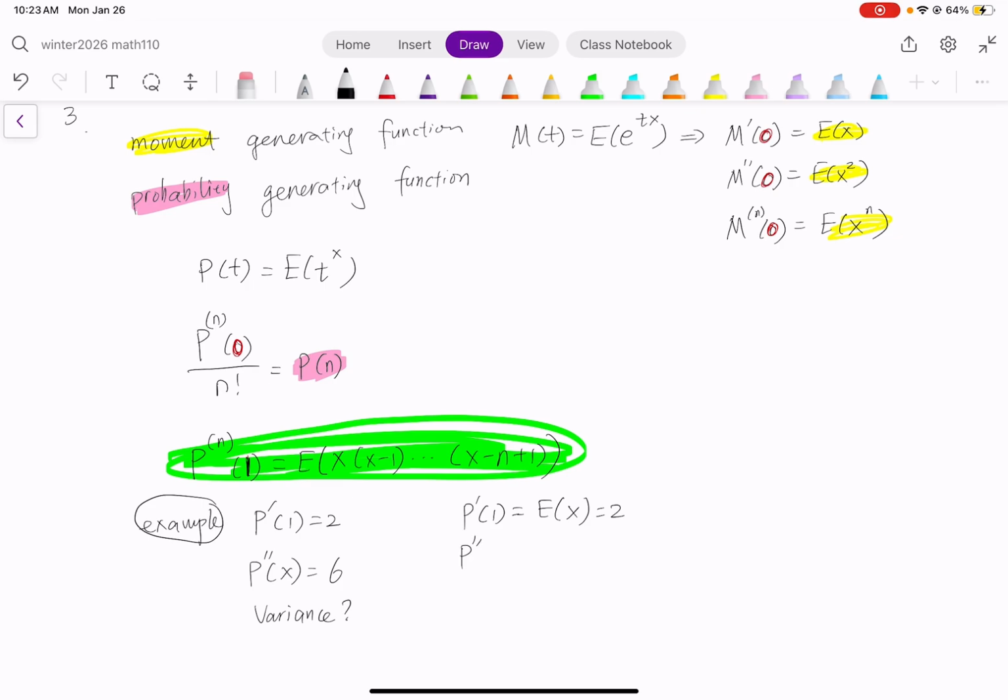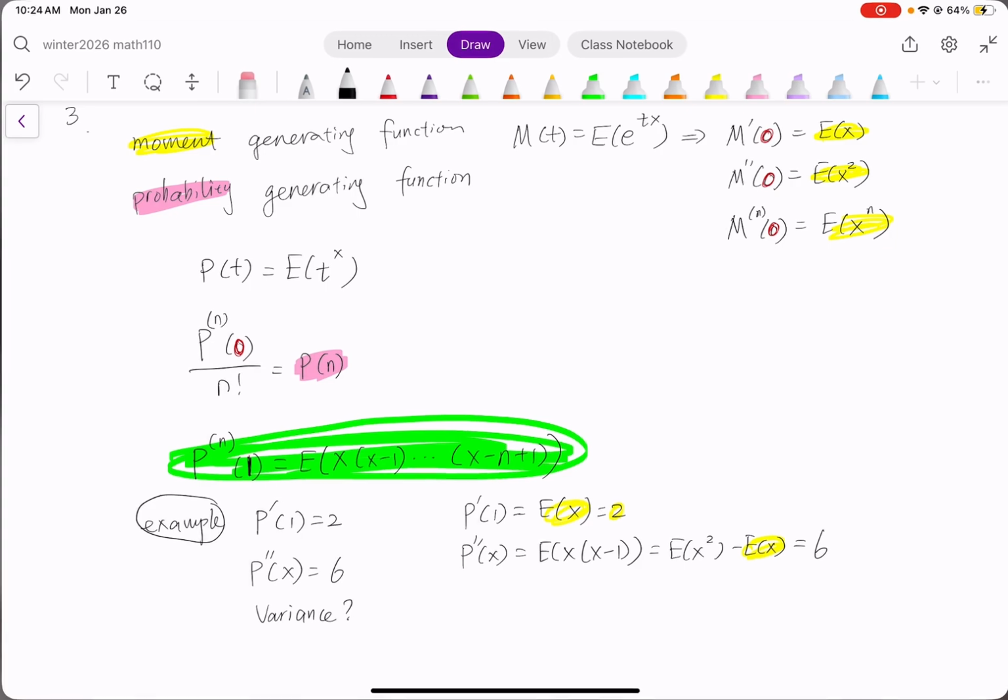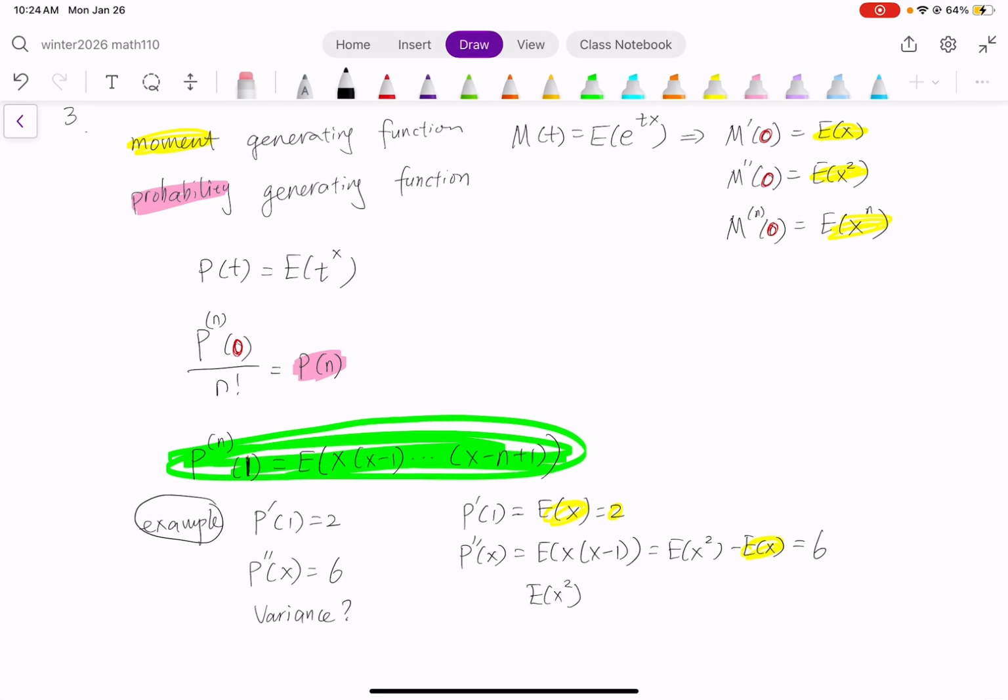When you take the derivative twice, that is the expected value of x times x minus 1. So that is the expected value of x squared minus the expected value of x, and you are already given this is equal to 6. And you also calculated that the expected value of x is 2. Therefore, the expected value of x squared is 2 plus 6, which is 8.